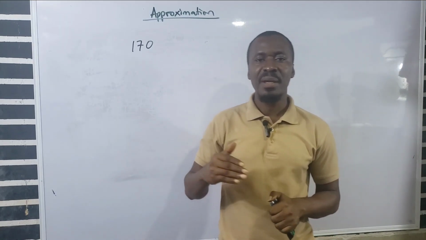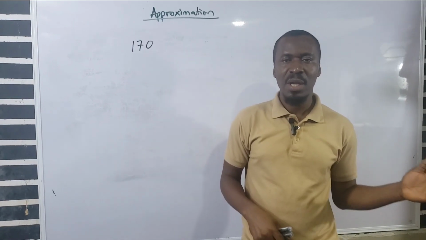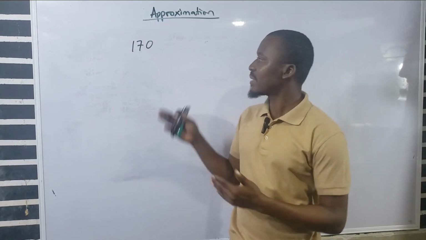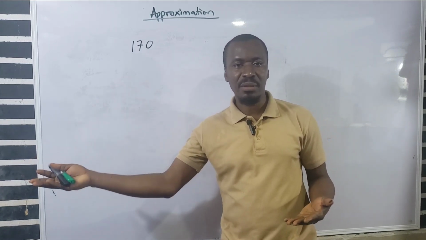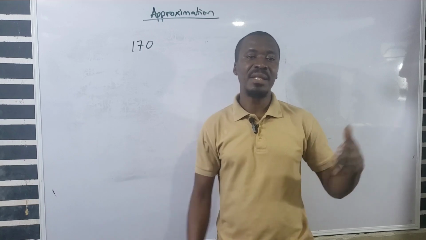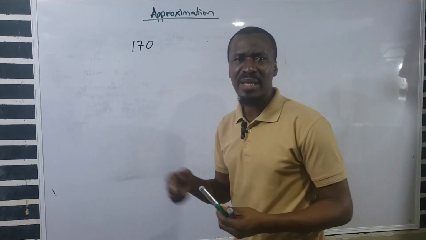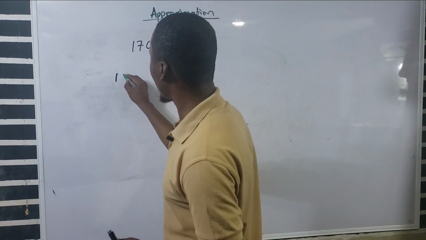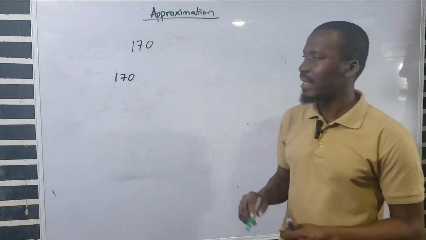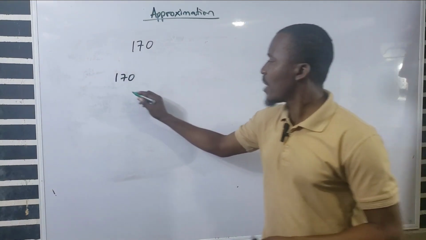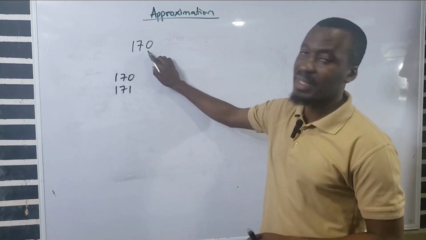Now we have the upper boundary and we have the lower boundary. Sometimes when they ask this question, they expect you to find the upper boundary limit and the lower boundary limit. Now, let me show you examples. If we have 170 to the nearest tens, it will give us this. If we have 171 to the nearest tens, it will give us this.